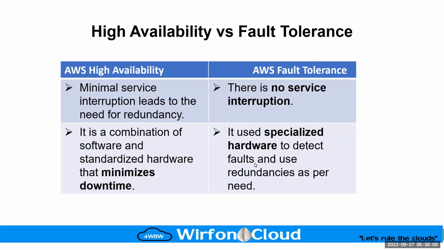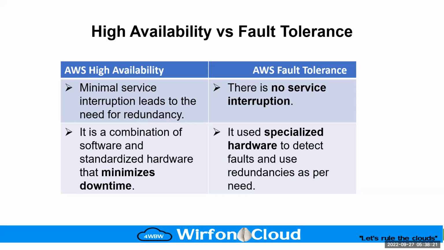So let's compare high availability and fault tolerance. What's very important to note is that with high availability, a minimal service interruption leads to a need for redundancy. And with fault tolerance, there is no service interruption.